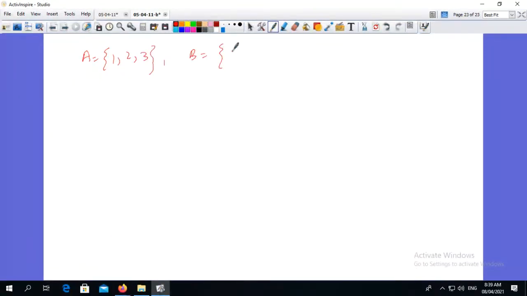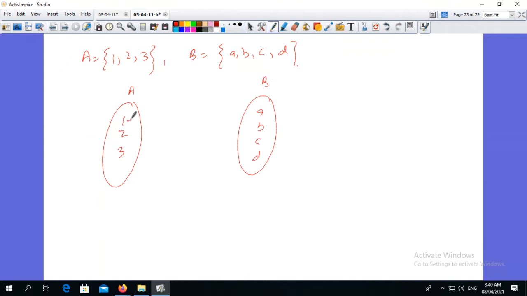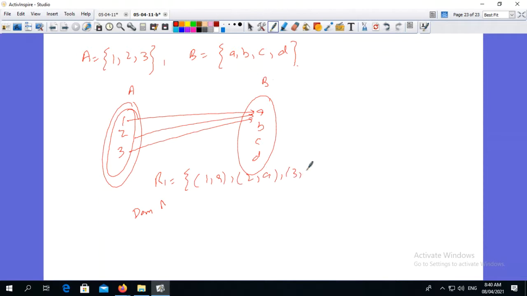Suppose we have a set A as 1, 2, 3 and B as A, B, C, D. If all elements of A are used as the domain, here R1 is (1, A), (2, A), (3, A). Such a binary relation in which the domain is equal to set A is called a function.